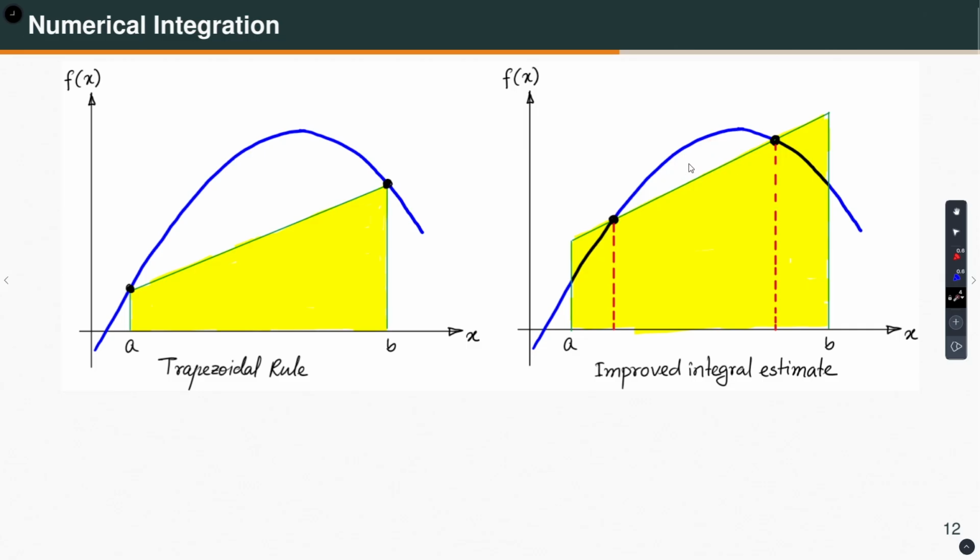So, if this is the positive area that I have added and this is the negative area, the objective is to balance them out, so that I get the area under the curve quite accurately. That is the objective of this improved integral estimate, which is the Gauss quadrature. So, the trapezoidal rule is not used for doing the element integration or integration of section response. We use Gauss quadrature, which uses this idea where the integration points could be anywhere within the element.